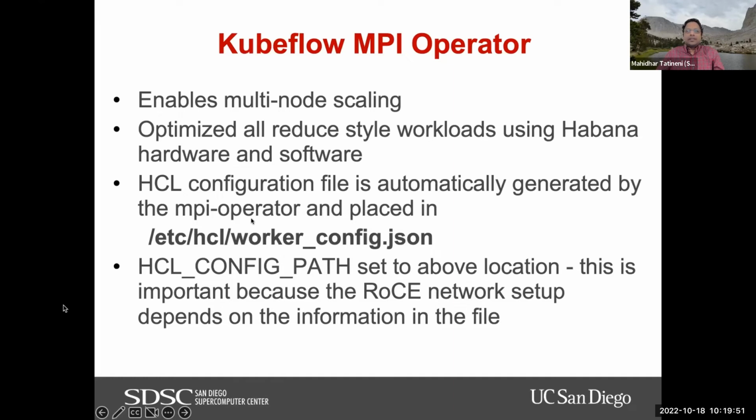When you get assigned these cards, this config file will have the info for the connectivity for the 400 gig network, and that's what gets picked up when the Habana software is launching the multi-node training and so on. But you don't need to worry about it. It's just something to keep in mind that you won't see the network that's being used on the host.